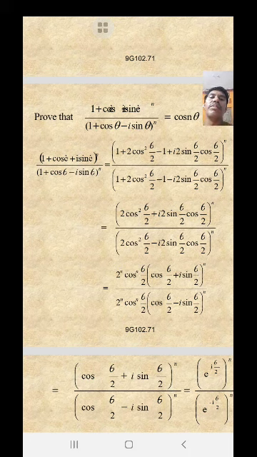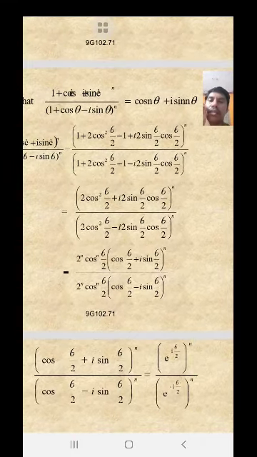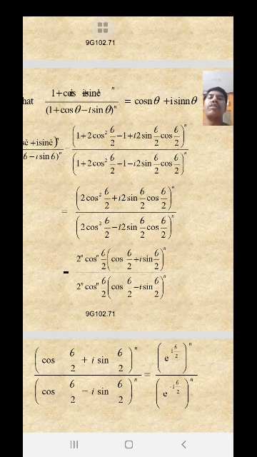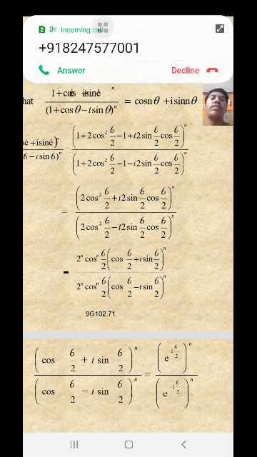Next, in the denominator also, in place of cos theta, we are taking 2 cos square theta by 2 minus 1. So 1 plus 2 cos square theta by 2 minus 1, minus i into, again sin theta also we are replacing with 2 sin theta by 2 into cos theta by 2, whole power n. That means in the numerator and denominator we are both applying the formulas.